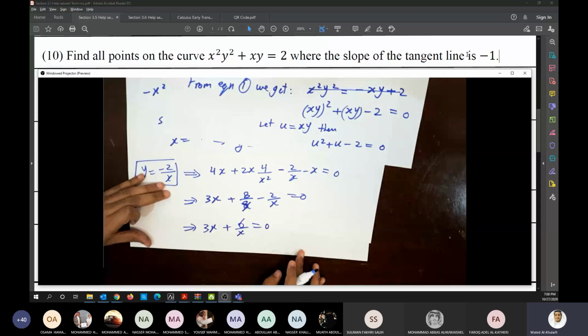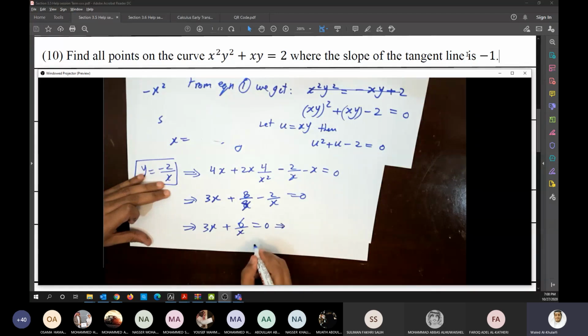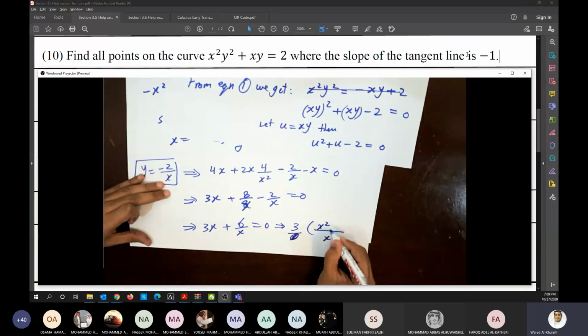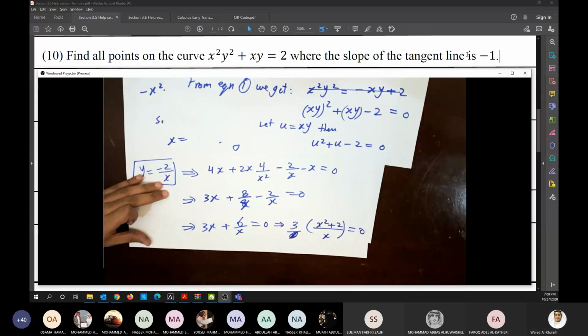Is it clear, guys? Yes, clear. So this is equal to, now the same thing, take the common denominator, take 3 out, so you have 3 over x, or let's say like this, as I did before. So you have x squared plus 2 equal to 0, right?